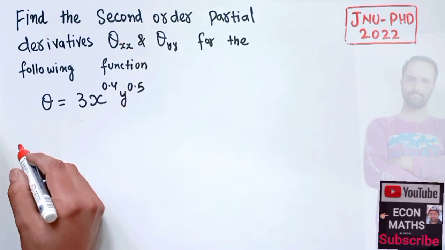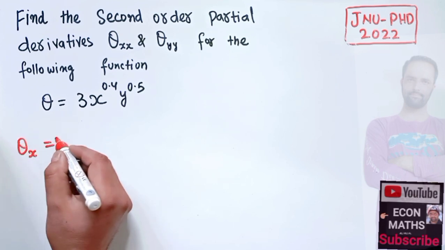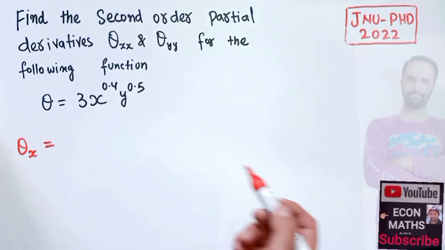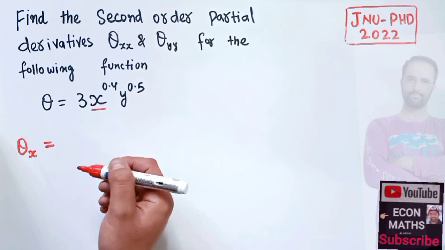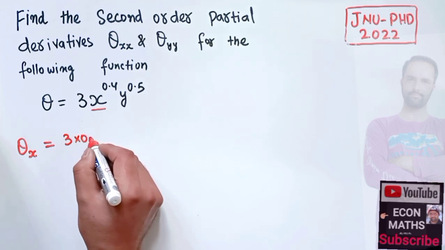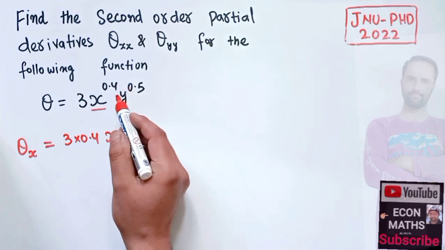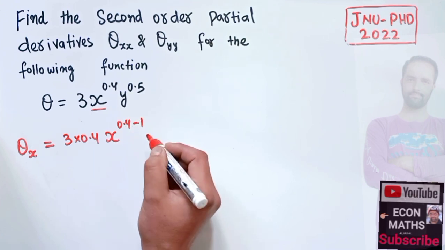Let us take with respect to x, that means q subscript x means differentiating this function partially with respect to x. Since x is here, its exponent is 0.4, it will become coefficient. So we have 3 into 0.4 x to the power, and by power function rule 0.4 is subtracted by 1.